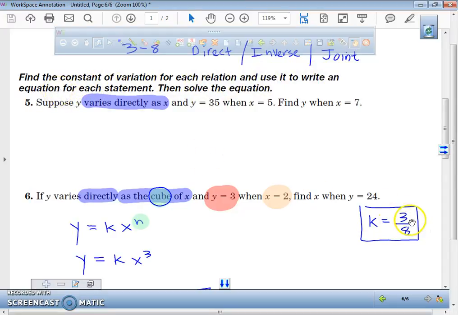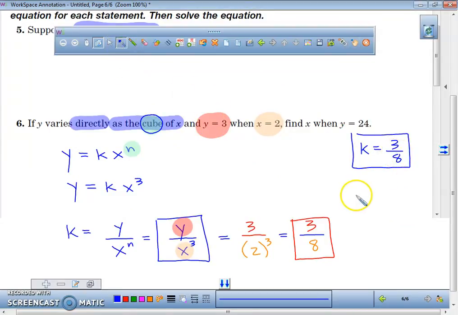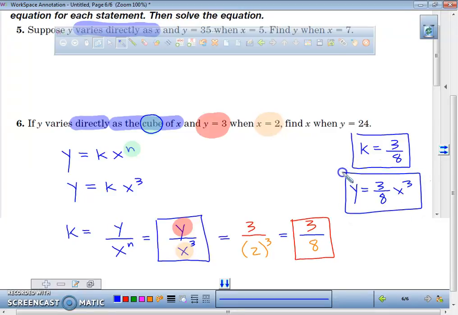So we're going to take this 3/8 and plug it in right here for our equation. What would our equation be with the 3/8 plugged in? Y equals 3/8 x cubed, or x to the third power. And there's your equation.